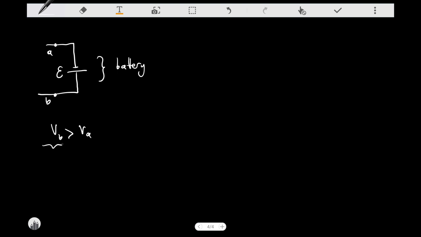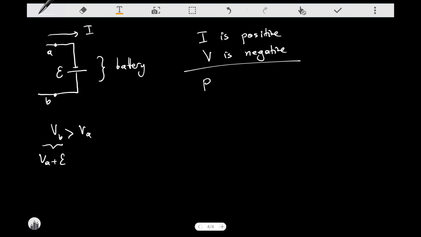It's actually equal to VA plus the EMF of the device. If I draw the arrow like that, then I is positive and V is negative, which means the power that goes into the circuit element is negative. That's one example.